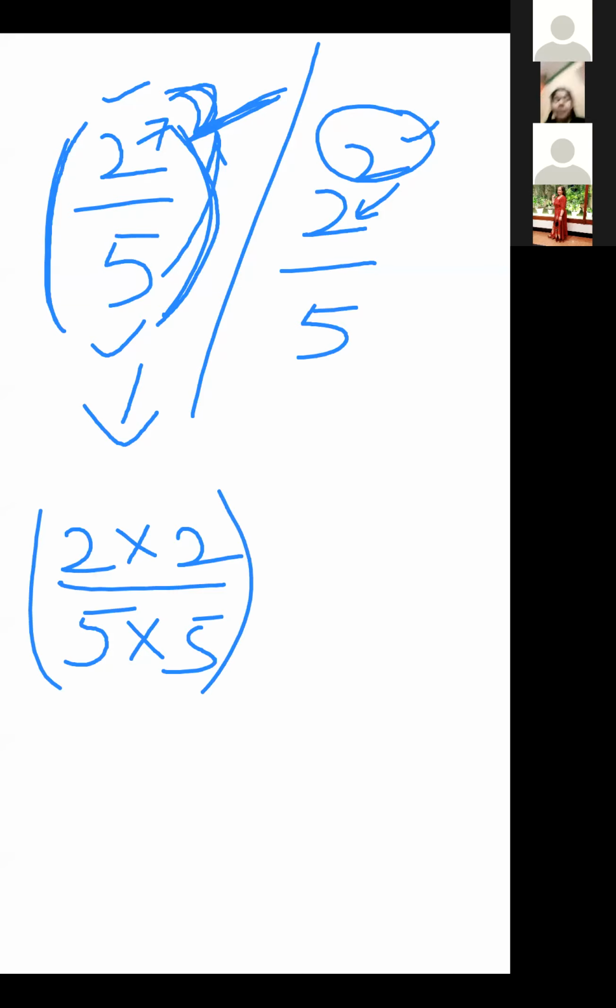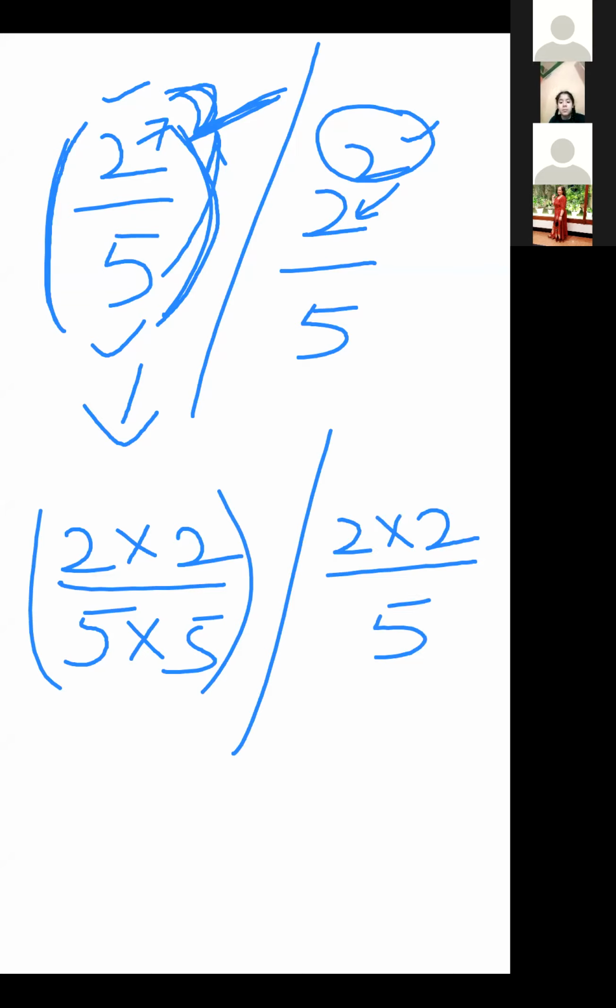Clear? In this, only 2 is multiplied 2 times and 5 is written 1 time only, because there is no power of 5. Okay, so the answer is 4 upon 25. And here the answer is 4 upon 5 only.